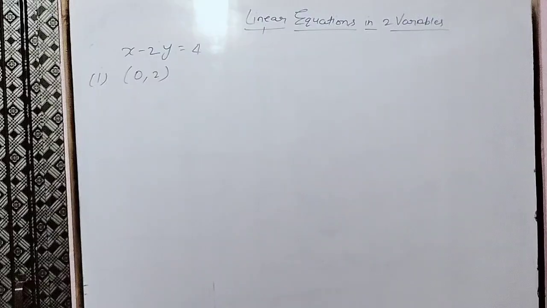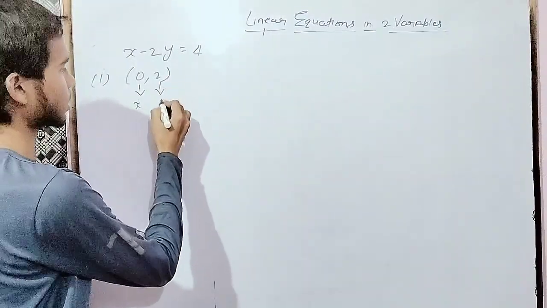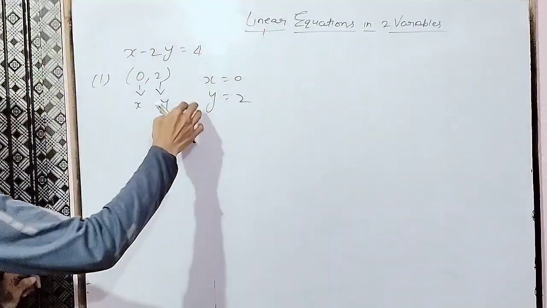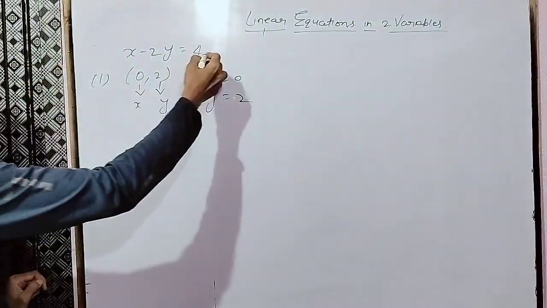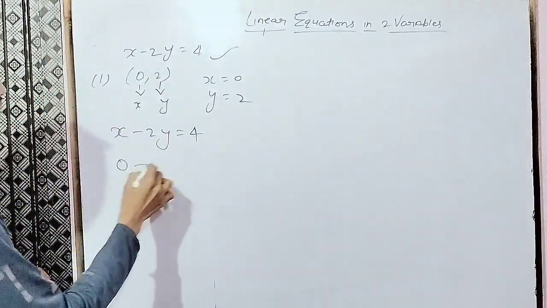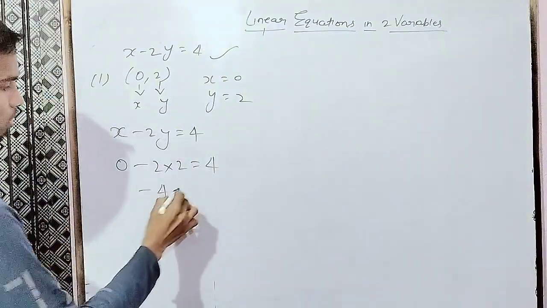When we put the value of x and the value of y, we know that this is in place of x and this is in place of y. So x is 0, y is 2. Now we put these numbers in this linear equation: 0 minus 2 multiplied by 2, which is minus 4.